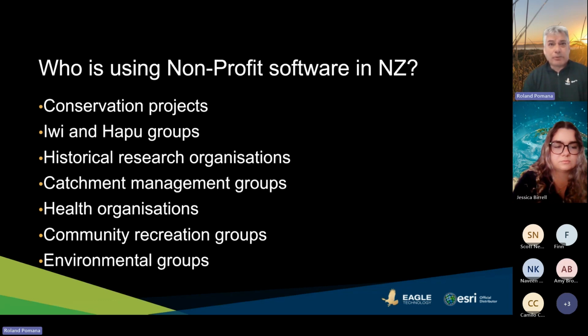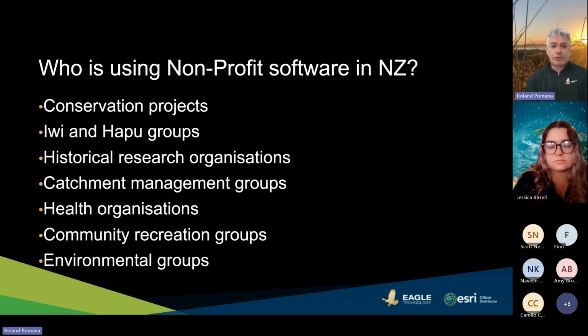Local catchment management groups in Hawke's Bay and Gisborne, just about in every district throughout the country, there's a catchment management group, which is a collection of people who are trying to do good in their catchments. Historical research groups, iwi and hapus, a lot of iwi and hapu groups now taking advantage of the non-profit status if they're registered as a charitable trust to use ArcGIS in everything they're doing.